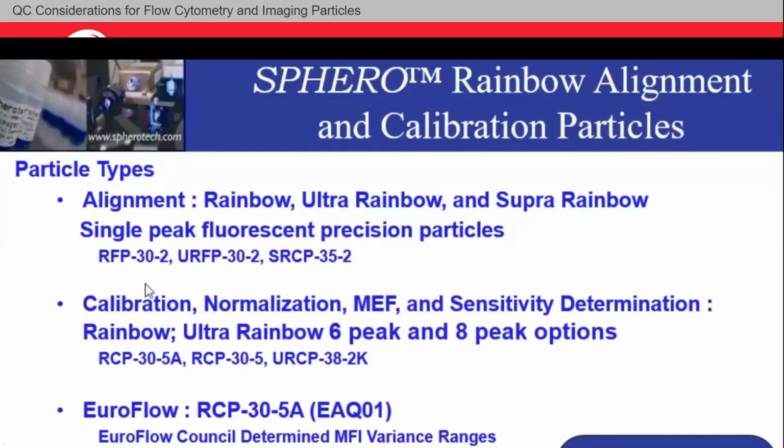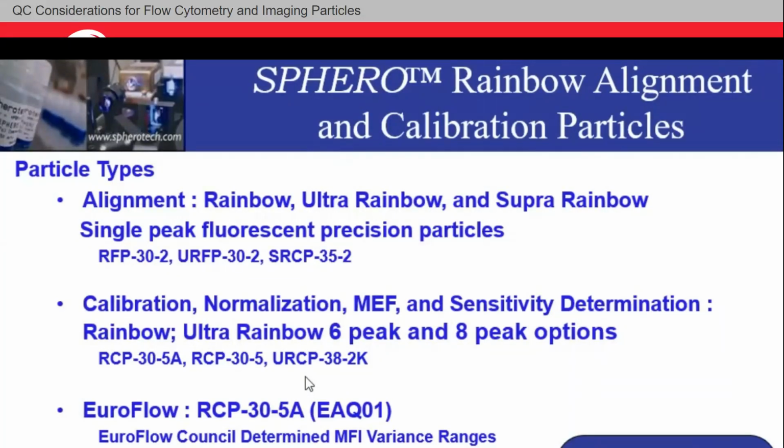Okay, so the traditional rainbow calibration particles are offered in two suites typically. One is our traditional, which is what most people are using, the Euroflow Council. We partner with the Euroflow Council in the European Union. It's also in some hospitals in America, South America, different parts of Asia, but you would usually already know that your lab is a member of the Euroflow Council, right? You're going to be using their specific MFI variance ranges.